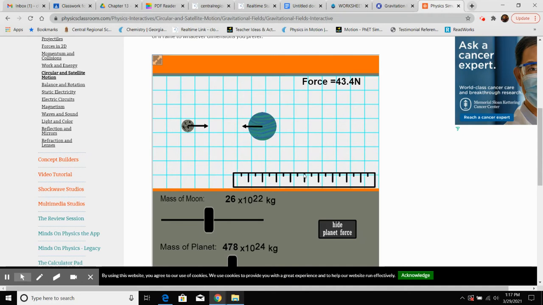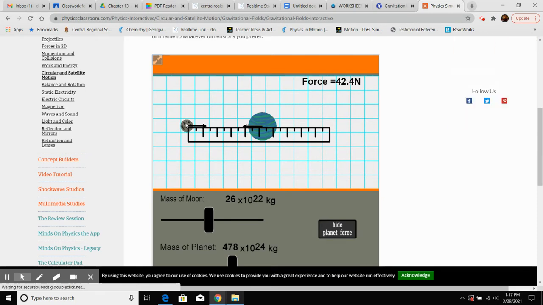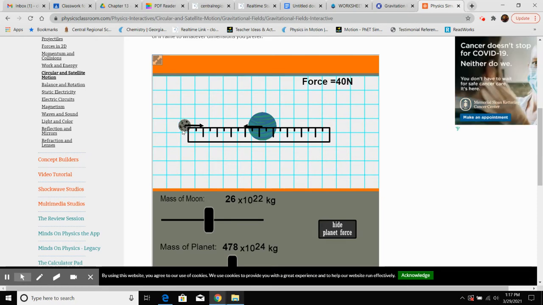So I can grab this little ruler and move that. What I want to do is get it to a distance where, if I go from the center of the arrow, the moon's arrow matches up with this first line. I want to go farther away, about like that, so the part of the ruler matches up here and meets right as the arrowhead clicks.